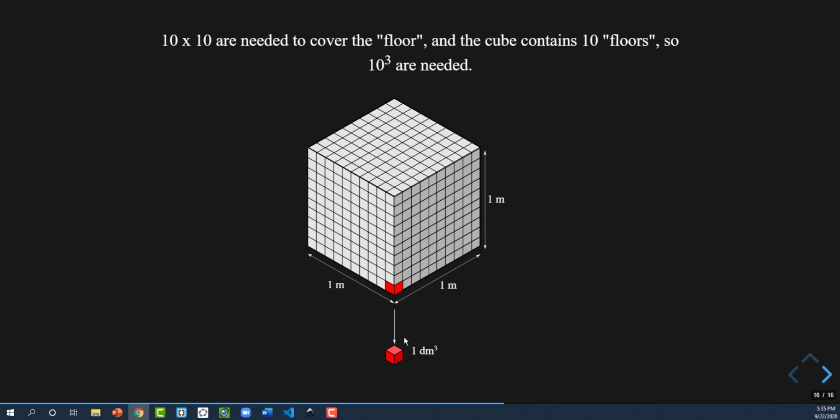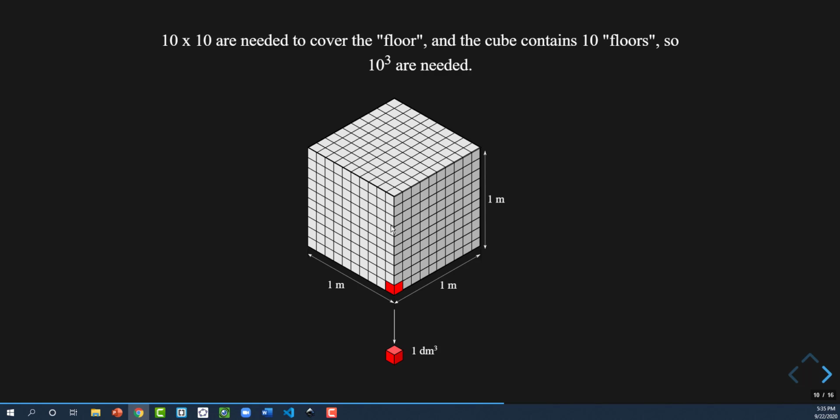How many of these little cubes, these red cubes, would it take to build one of these gray cubes? Well, I know this distance here is 1/10 of a meter. So it's going to take 10 of these red cubes to make the first row down here. Then I'm going to need 10 such rows to build the floor. That's 10 times 10. So far I have 100 of these cubic decimeters.